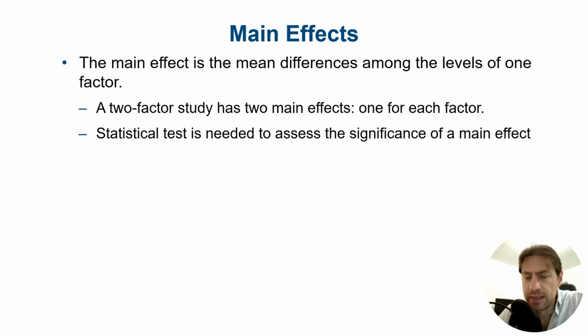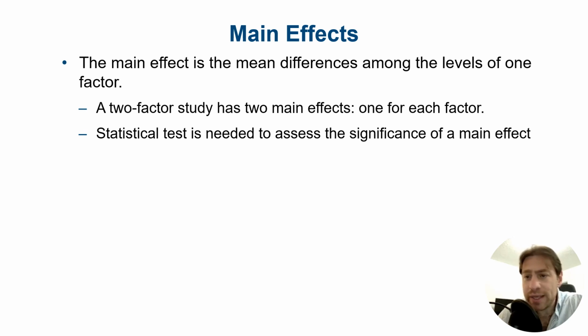All right, so let's begin by discussing main effects. Now, a main effect is the mean difference among the levels of one factor. So for example, you might focus on presentation mode and ask, on average, did the mode of presentation make a difference? Did it matter whether people studied the material on paper or on a screen?